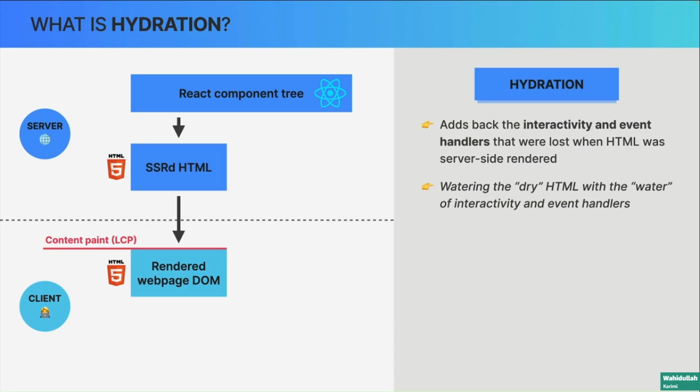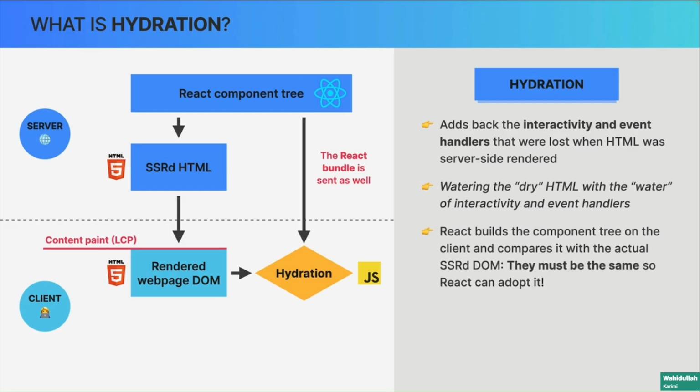And here is how that works. So the HTML page that we got on the client will also download the React bundle of our initial React app. And it's this bundle that will then hydrate the rendered static DOM of our web page. So in this process, React will build back the component tree on the client and will compare it to the actual server-side rendered DOM that's currently on the page.